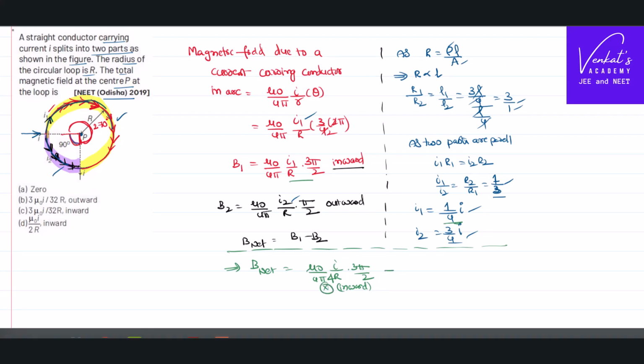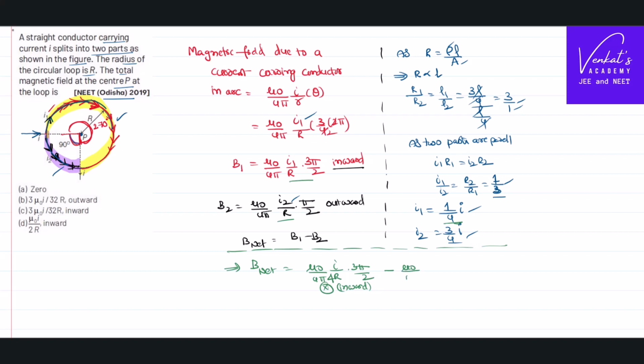Minus B2 means mu naught by 4 pi, I2 by R. In the place of I2, I have to write 3I by 4, and then pi by 2. Look at this, mu naught by 4 pi is the same, I is the same, this is 3 pi by 8R, and this is also 3 pi by 8R. Both are the same, so that is equal to 0. It means each magnetic field is cancelling the other, thus the net magnetic field is 0. That's how we get the answer.